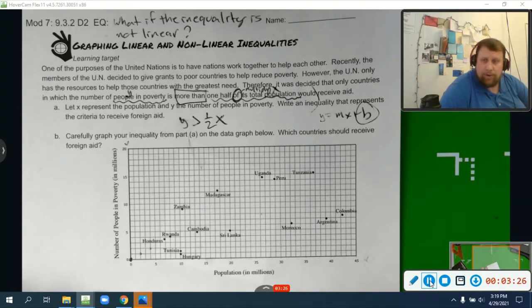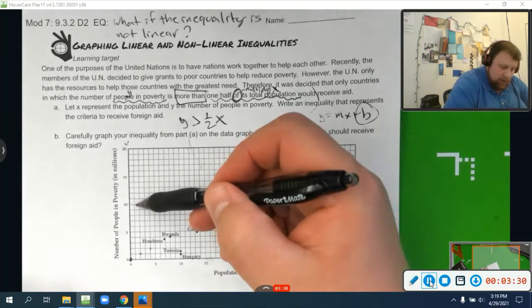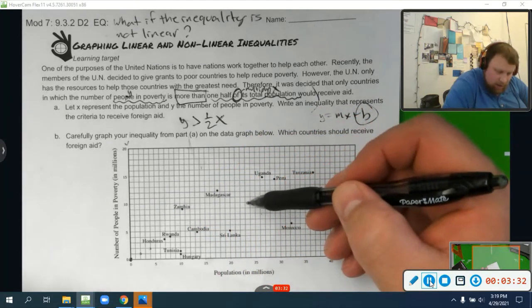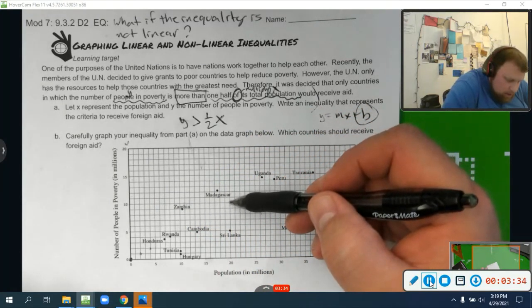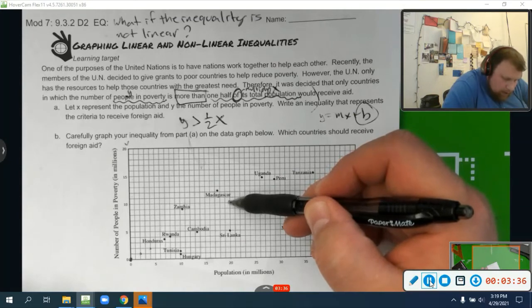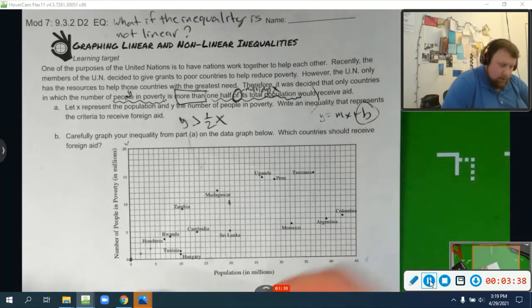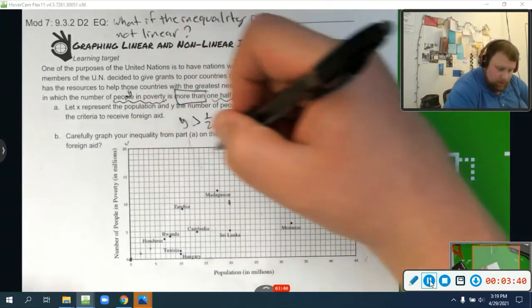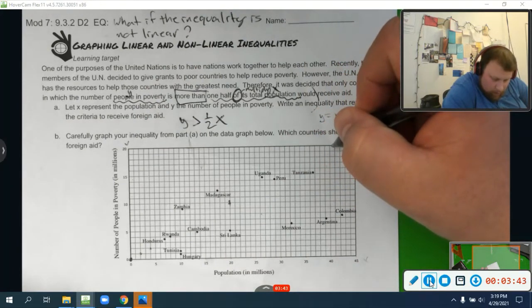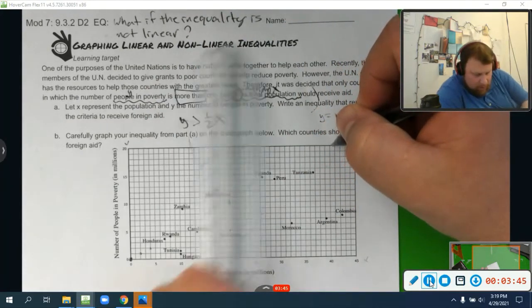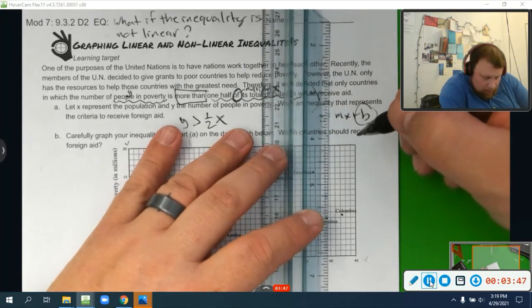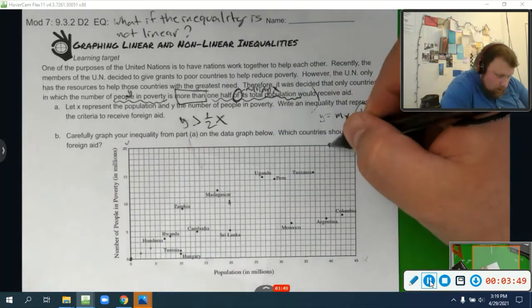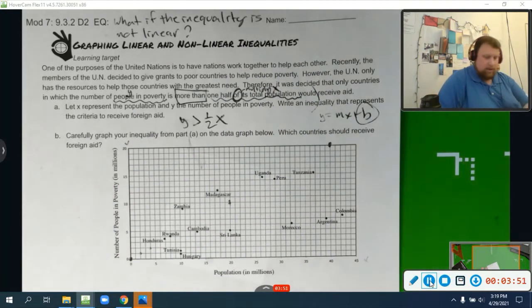Up 1 over 2 is the same as up 10 over 20. What I mean is I can go up 10 and I can go over 20. Boom. It also means the same as up 20 over 40. So I can even go all the way over to here. Make sure to carry my line up all the way. See how I did that? And those are going to line right up.